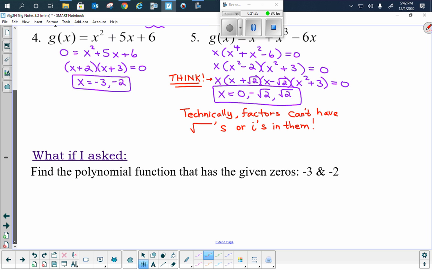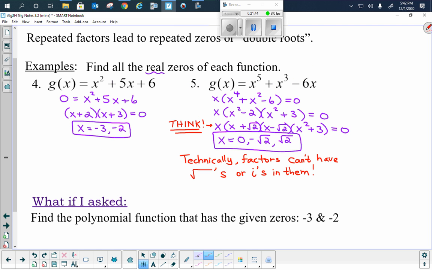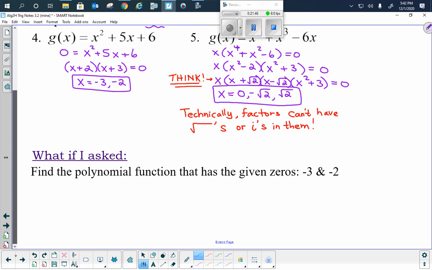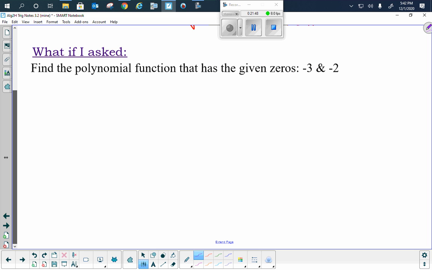Now, what if I asked you to find the polynomial function that has the given zeros? Now think about that. Isn't that just reverse of what we did above? I'm giving you the answers that are boxed, and I'm asking you to work up, if you will. So if I knew that x equaled, for instance, let's get a little more room.